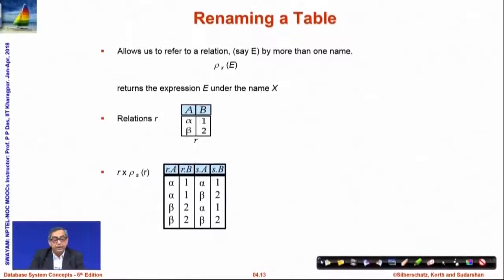Renaming a table is another feature which is provided. Of course, it is not a fundamental operation of the algebra, but this is what makes any kind of Cartesian product possible.